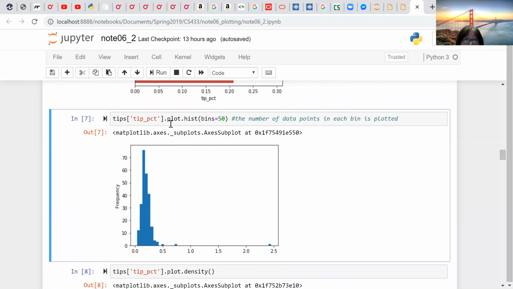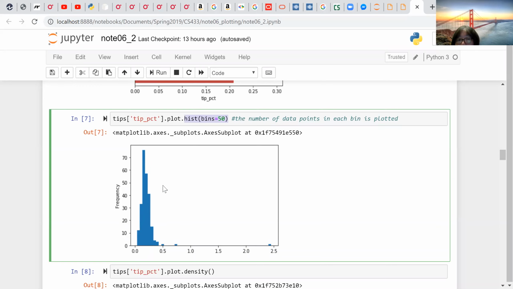Next, for the next two plots, we still use the pandas data frame plot. This is the regular pandas plot, also regarding the tip percentage. This one is a histogram with 50 bins. We divide the percentage into 50 slots and then count how many fall in each slot, and then we have this histogram.